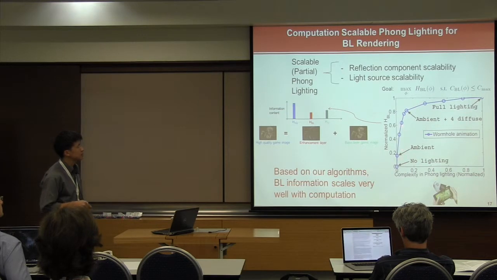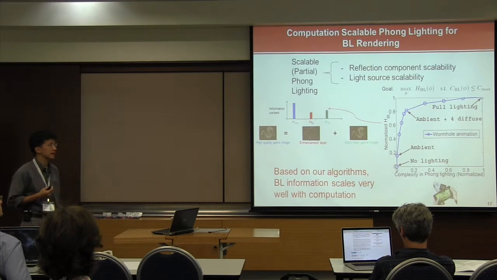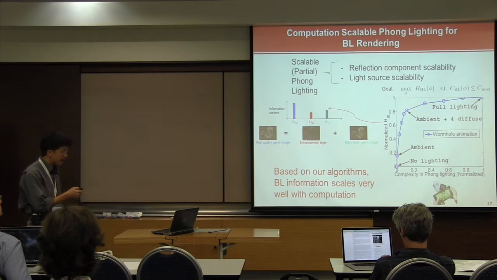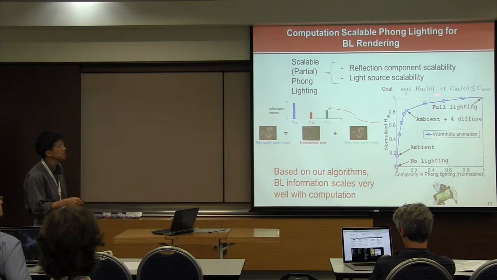Different circles represent different Phong lighting configurations with different numbers of reflection components and light sources. For this one, we include all the reflection components and light sources, and therefore it requires the maximum capacity and also generates the maximum amount of base layer information.